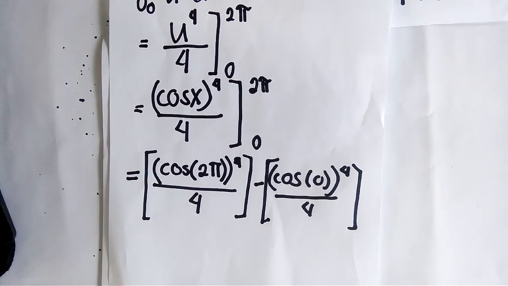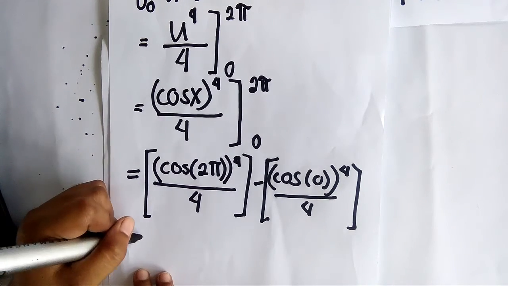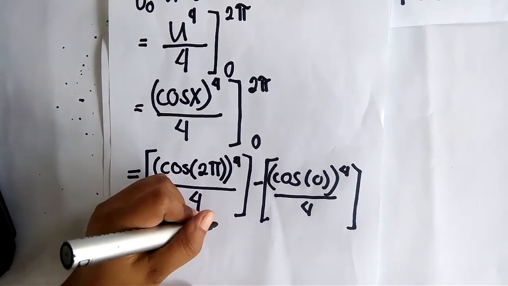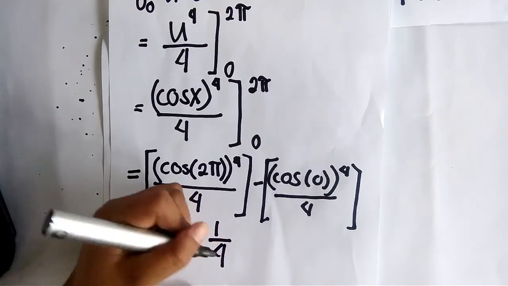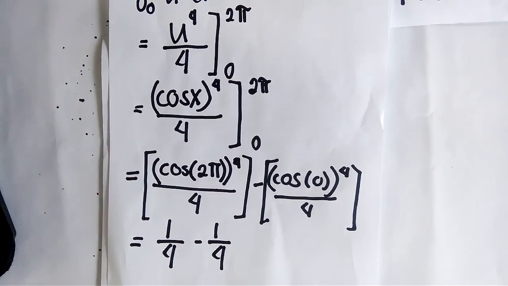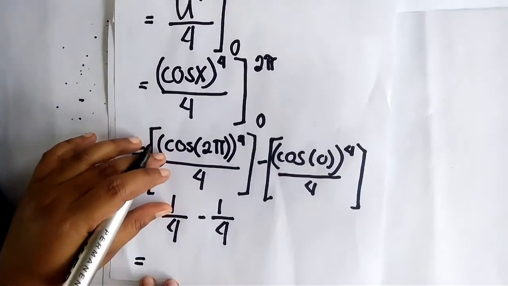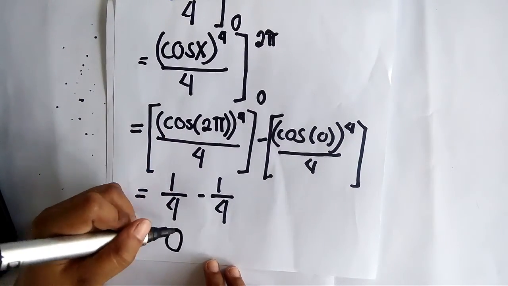So you can use your calculator for computing it. So the answer should be 1/4 minus 1/4. So the final answer should be 0.